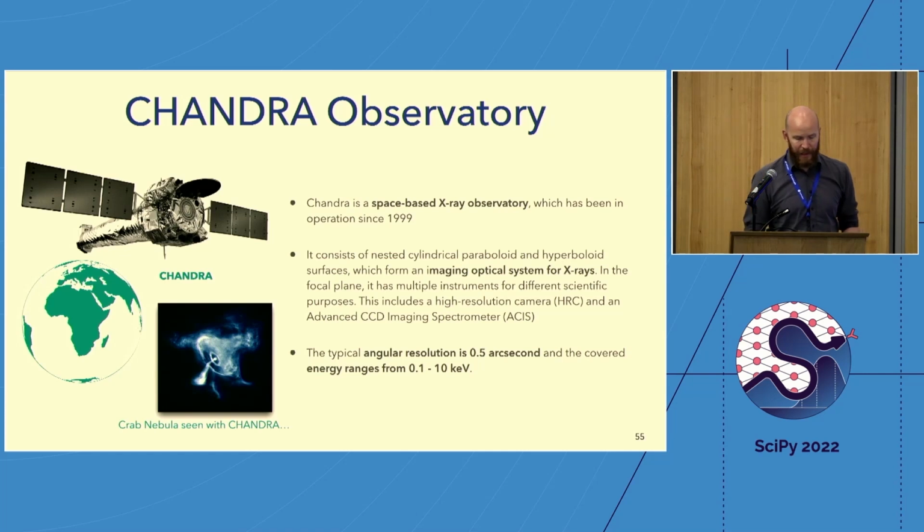So here you can see an image taken with the Chandra Observatory of the Crab Nebula, the remnant of a supernova explosion that was in 1054. But still, typically, once you're looking at lower fluxes, or once you start looking into details of the image, then you're still limited by the angular resolution of the instrument.